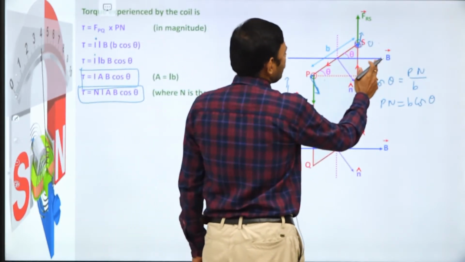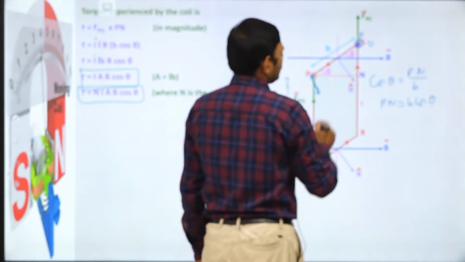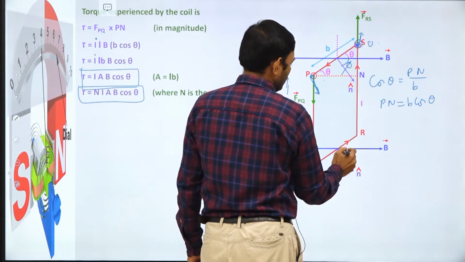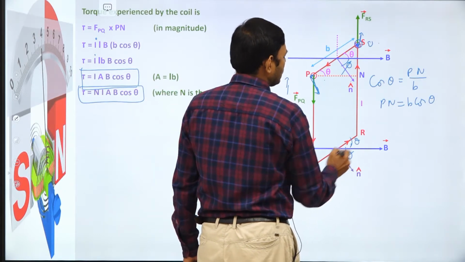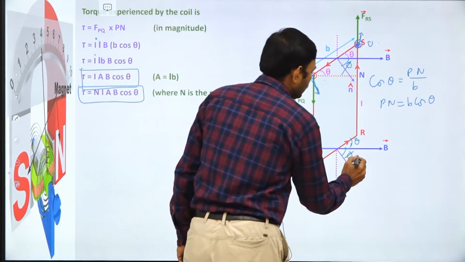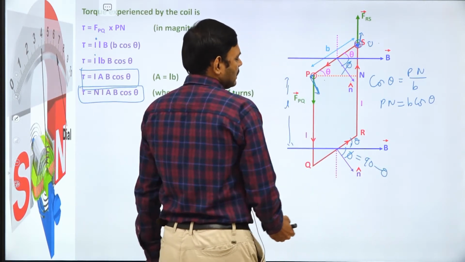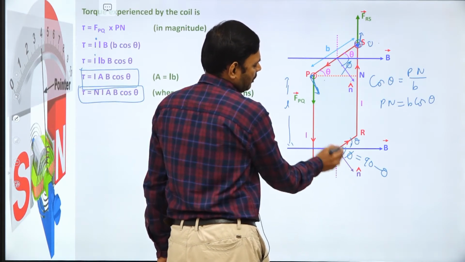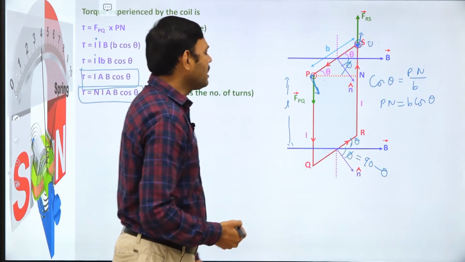If the magnetic field makes theta angle with the plane of the coil, then with the normal it makes phi angle. It makes theta angle with the face of the coil, then with the normal it makes phi angle, which must be equal to 90 minus theta, because the normal to the face is perpendicular, 90 degrees. As this is theta, the remaining angle must be 90 minus theta.